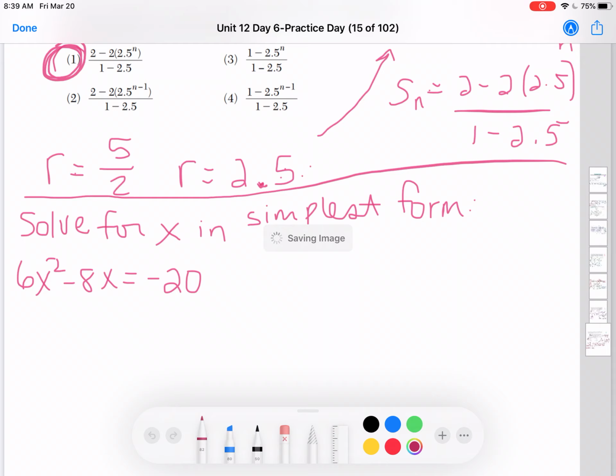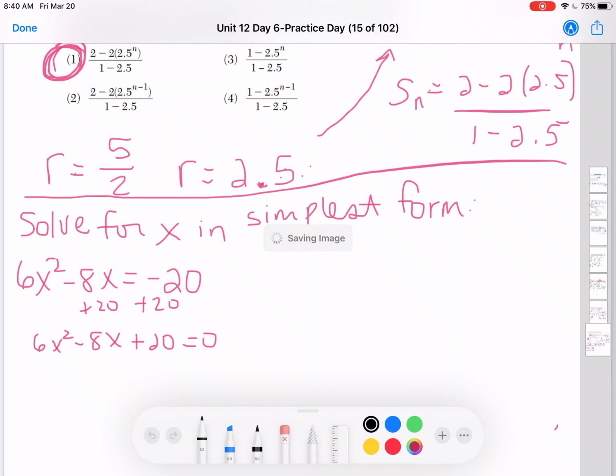So hopefully we notice that this is a quadratic equation, right? So we know we want to set it equal to 0. So we're going to add 20 to both sides. And now we have 6x squared minus 8x plus 20 equals 0.